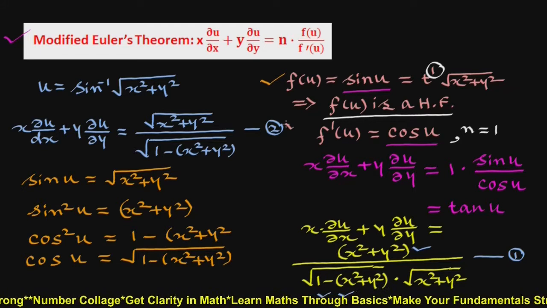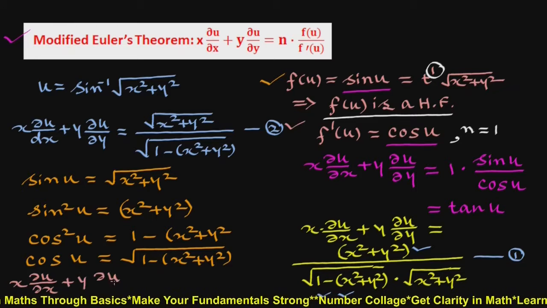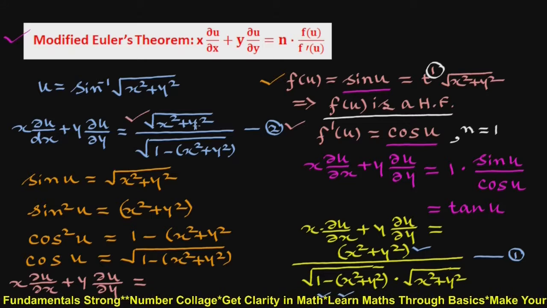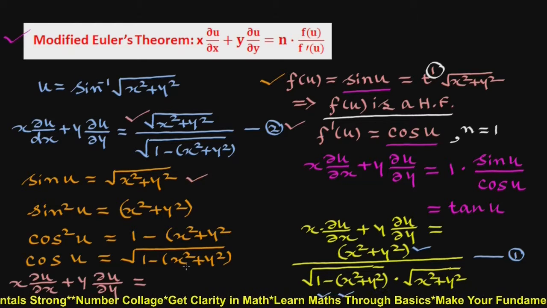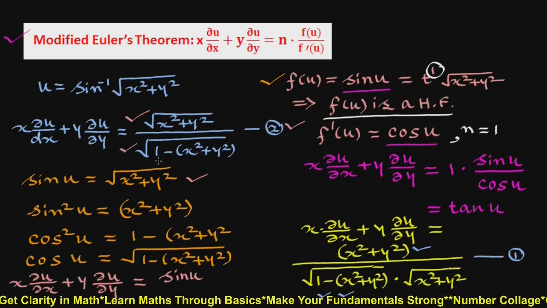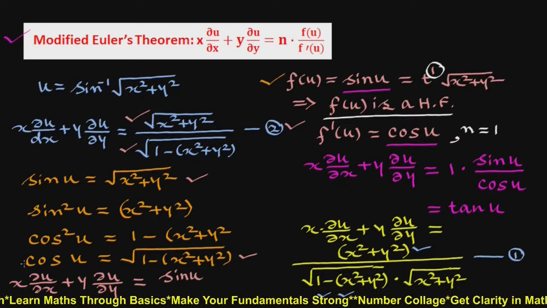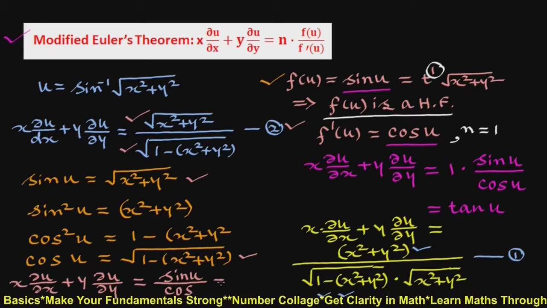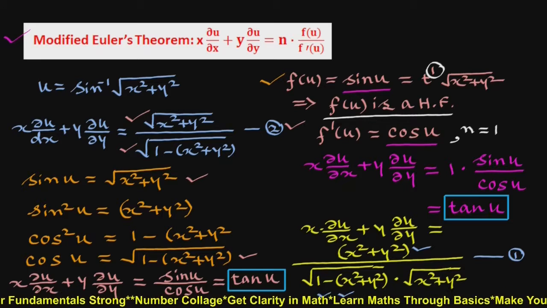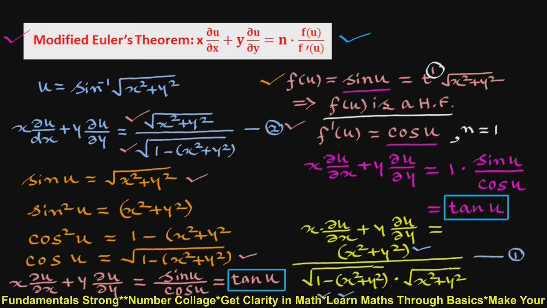Therefore, expression 2 will become x ∂u/∂x + y ∂u/∂y equals, for the numerator, the square root of x² + y², from here we write sin u, and from the denominator, the square root of 1 − (x² + y²), from this we write cos u, which is tan u, same as this tan u. This is how we verify modified Euler's theorem.